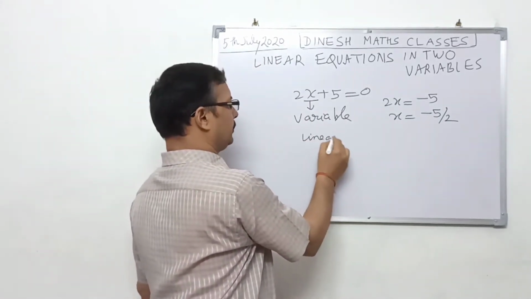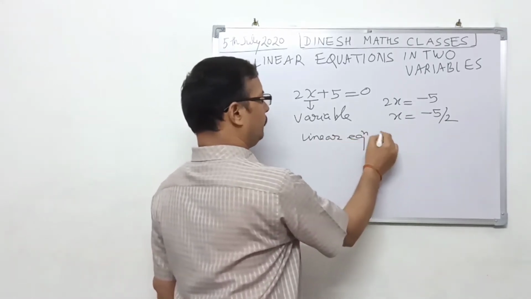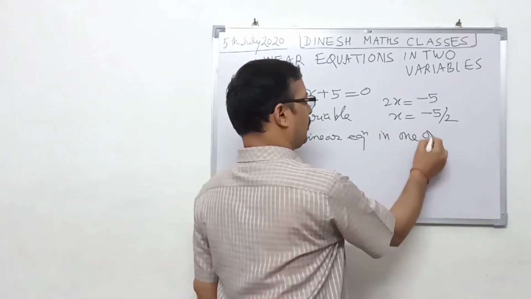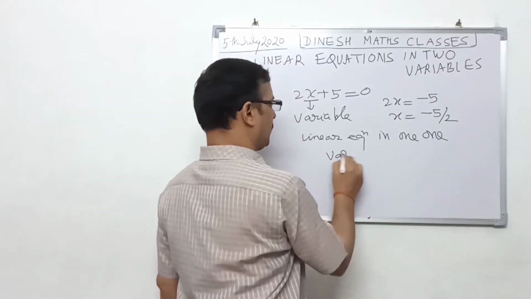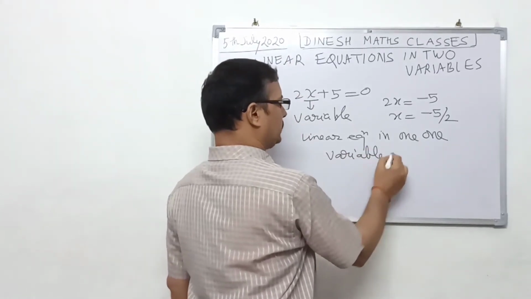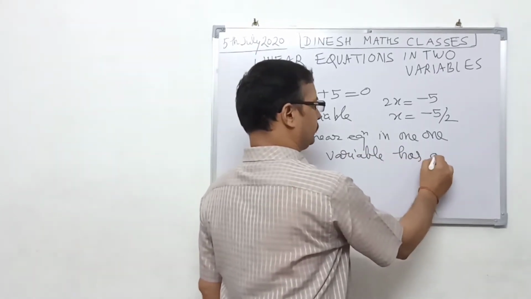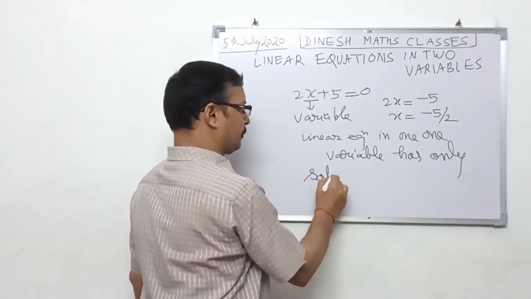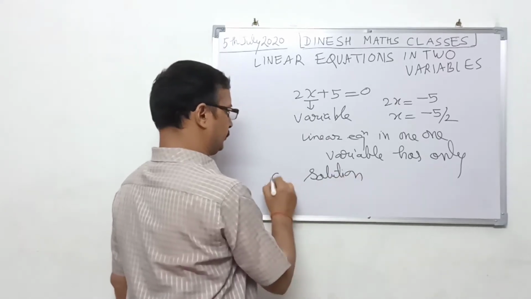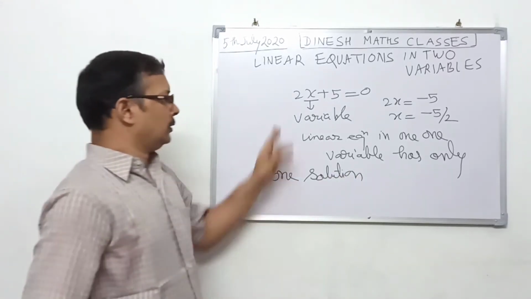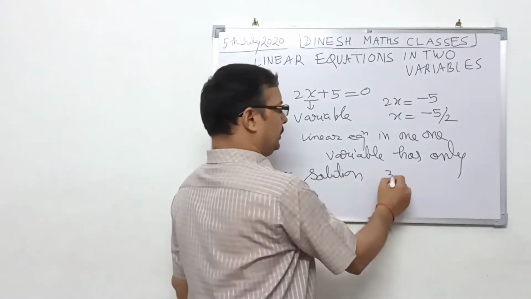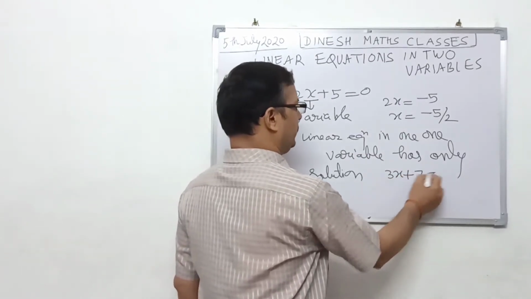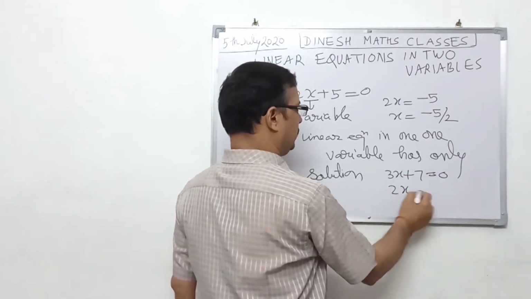Linear equation in one variable has only one solution. Similarly, you can have 3x plus 7 equal to 0, 2x plus 6 equal to 0.